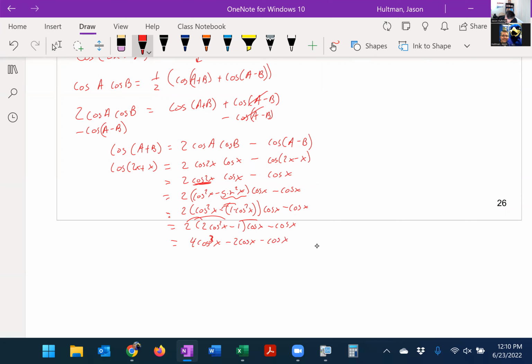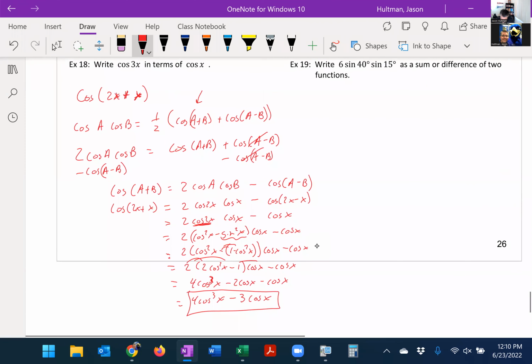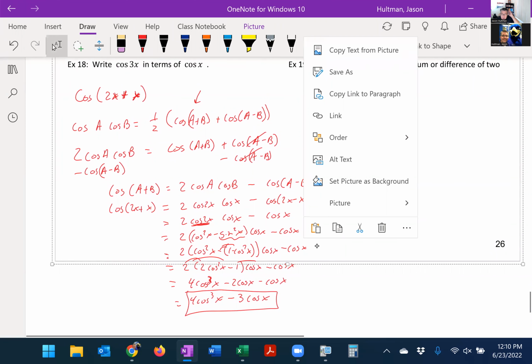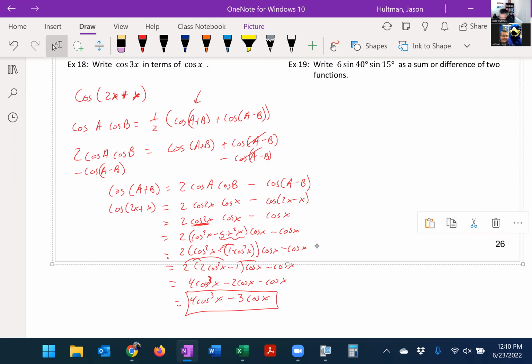And so this becomes 4 cosine cubed x minus 3 cosine x, and that's about it. A lot of simplification there. Okay, so number 19, not as difficult as number 18, very simple actually.